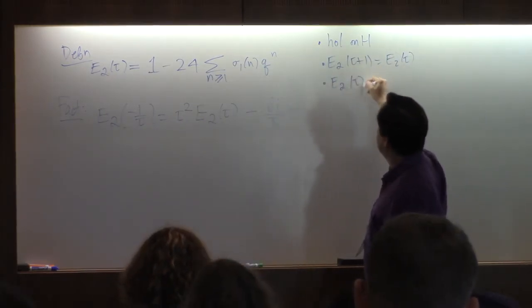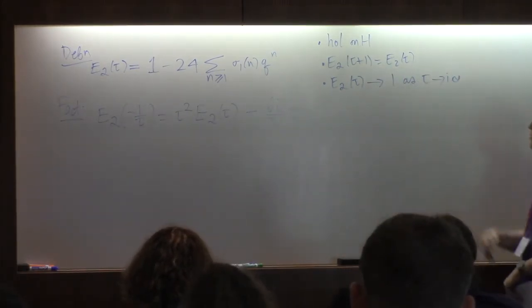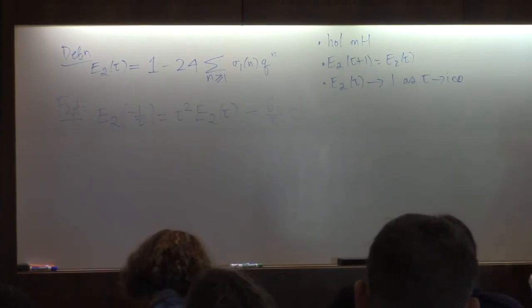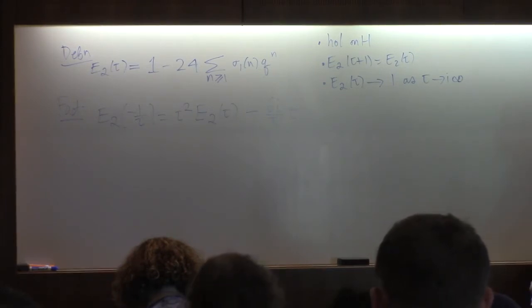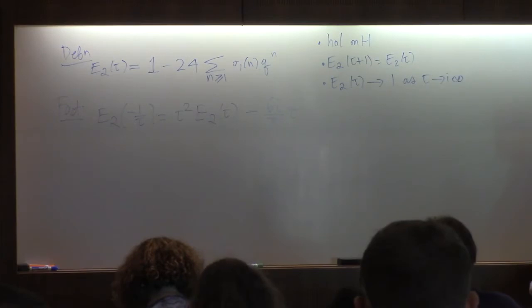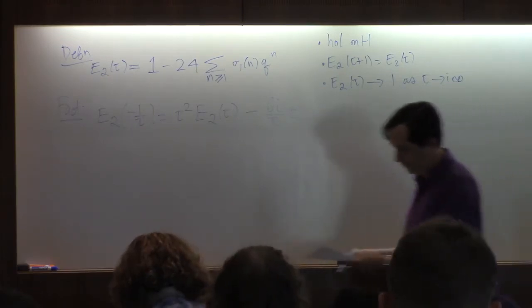And of course, as tau goes to i infinity, it goes to 1. So it's a nice well-defined value out at infinity. But it's not quite modular because it has this extra funny term in the minus 1 over tau transformation rule. Now, there's another function that is invariant under tau going to tau plus 1 and satisfies the same exact transformation rule.